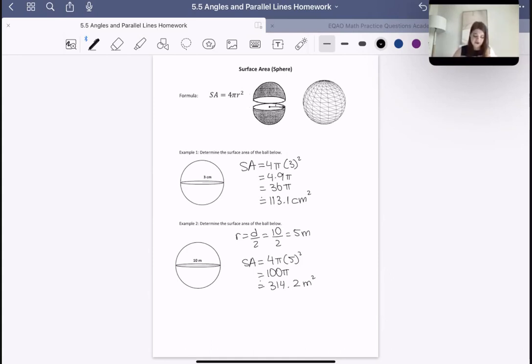The only trick is to make sure that if they tell us what the diameter is, don't use the diameter in place of the radius. Make sure you divide the diameter by 2 first to get the radius, and then you sub in. That or not knowing the formula are really the only two possible mistakes I see people making with the surface area of a sphere specifically.